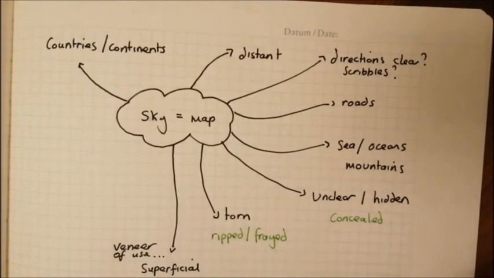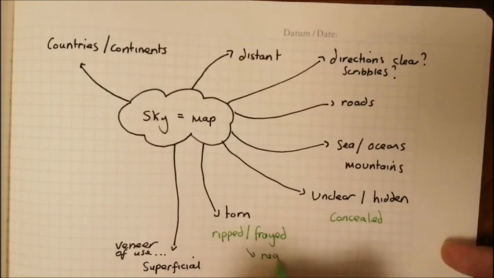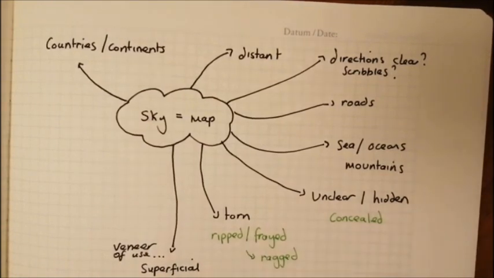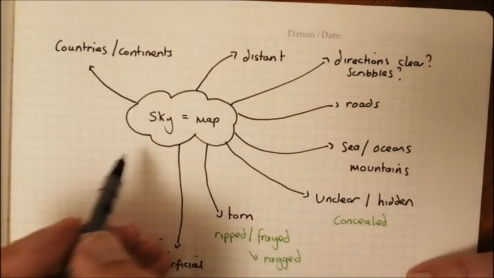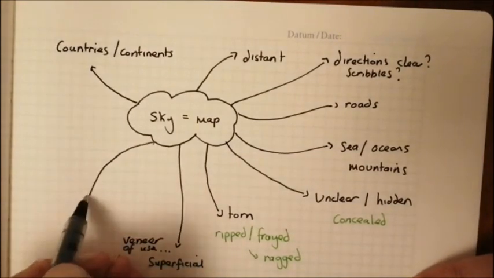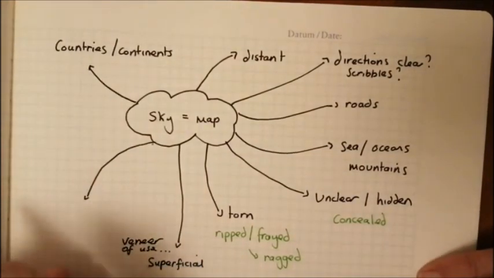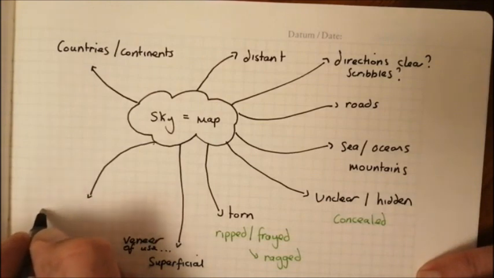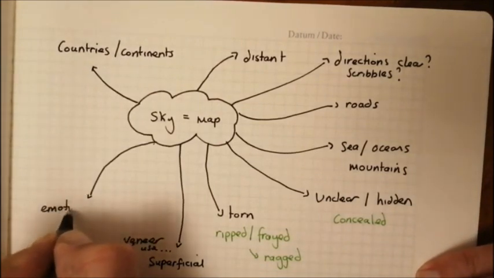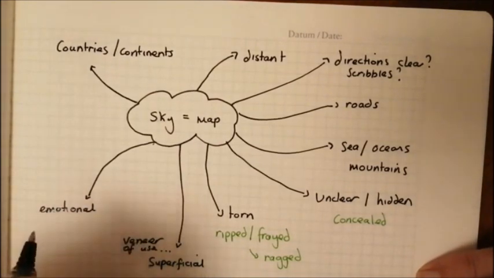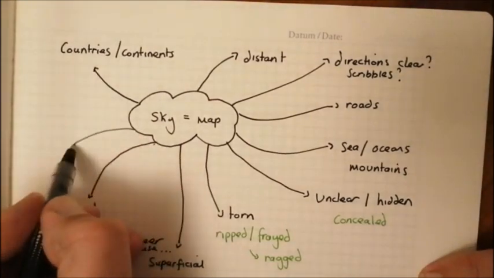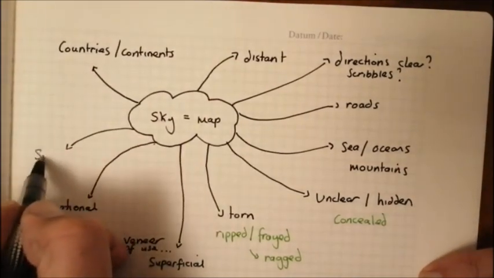I also get a sense that maybe it's quite a ragged map again. And that's another word from last lesson. And if it's a map of the boys' relationship or a map of their emotions, I guess I want to add that in. Is it emotional? Is it an emotional map? Is it split?